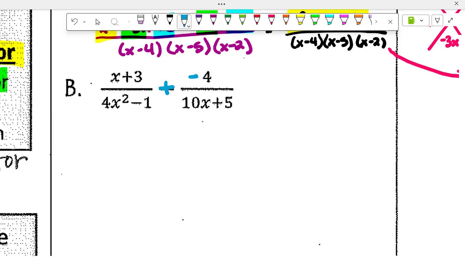Now, if there was a bigger thing up in the numerator, you would distribute that negative, but since there's only a 4 there, we can just leave it as that. The reason that we do this is so we don't have to mess around with the negative. And now we go into factoring. So luckily for us, these two are very quick factors.